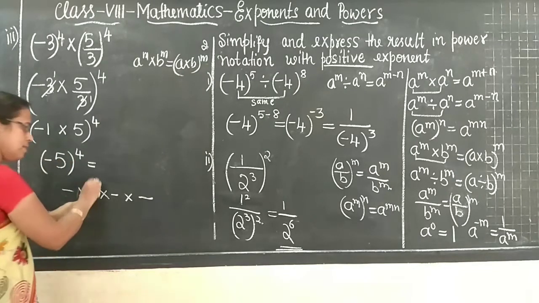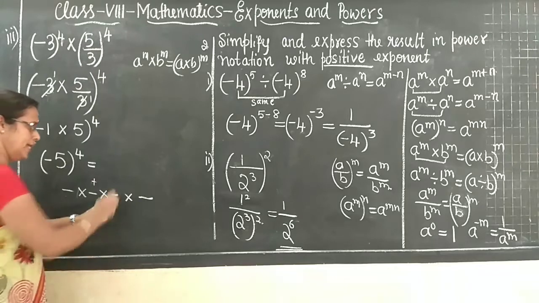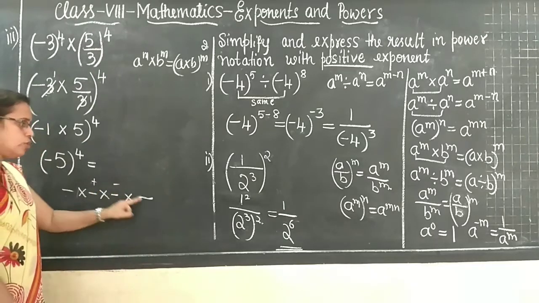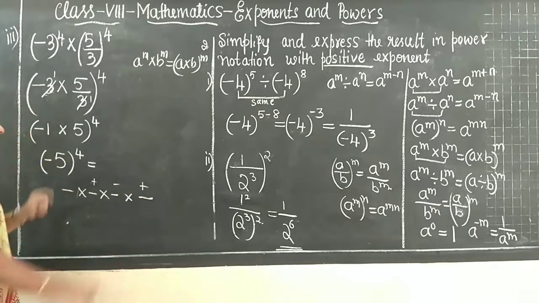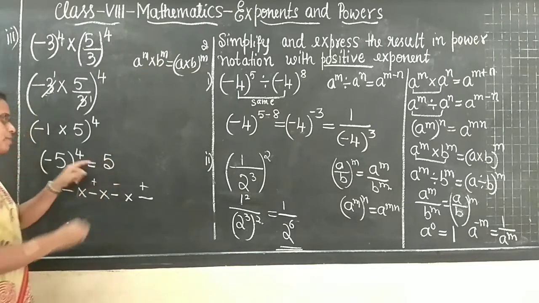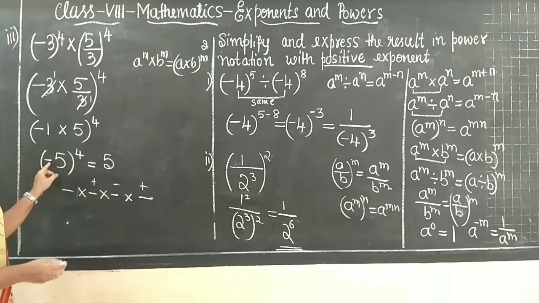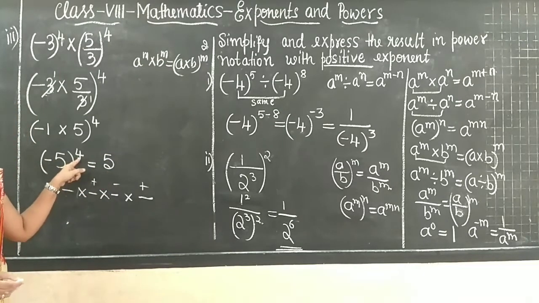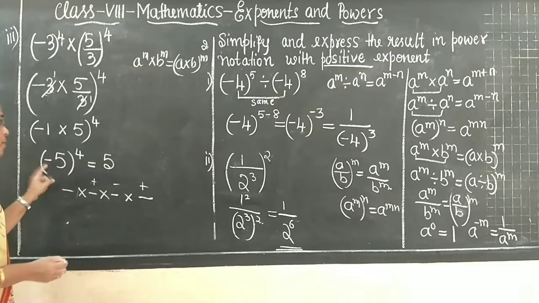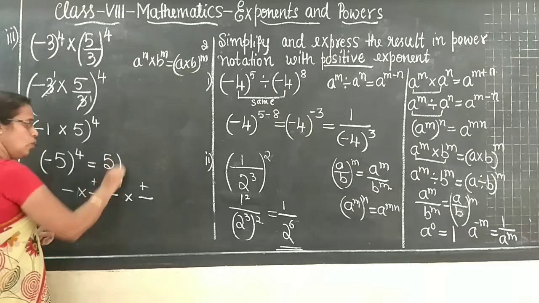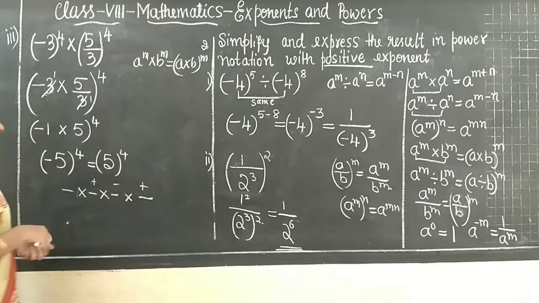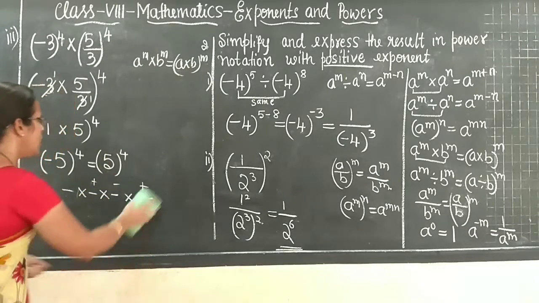Minus into minus plus, plus into minus minus, minus into minus plus. So the final answer can also be written as plus 5. Minus multiplied an even number of times will become positive. So whole to the power 4, both are one and the same.